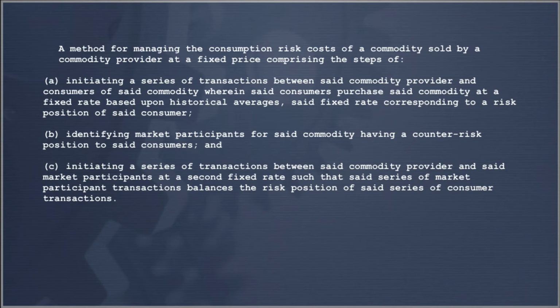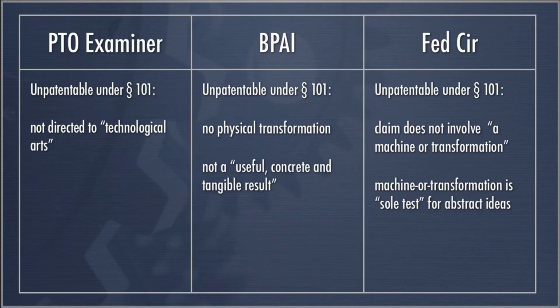So it's a hedging model, pure algorithmic, nothing more than that, a finance model. So the PTO examiner says this is unpatentable under Section 101. The reason the examiner says it's unpatentable is that it's not directed to what the examiner described as the technological arts, that it wasn't technology.